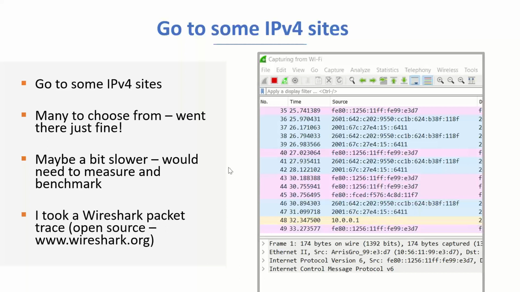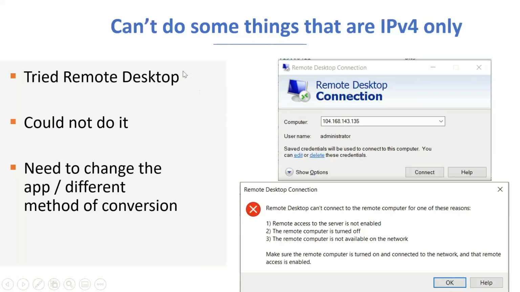So then I took a Wireshark packet trace, because of course I love Wireshark. It's open source, free, and I know a lot of people who will never do diagnostics without Wireshark. I feel that way too. Love that project, love the guys there, very good. So I start to do that, and I can see that I'm going to that NAT64 DNS server that I wanted to go to.